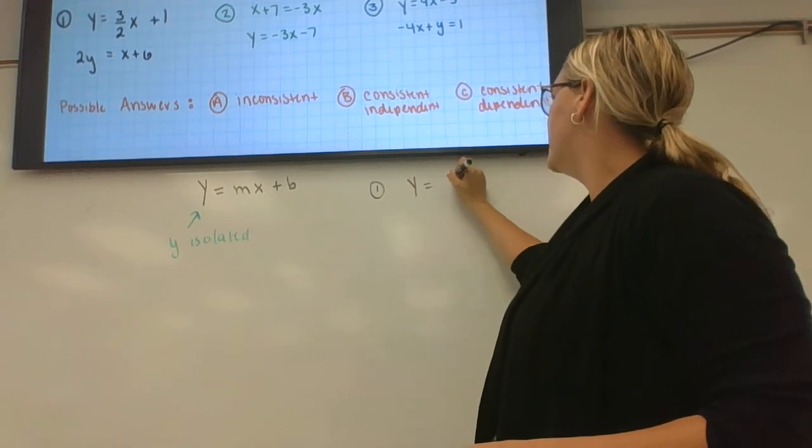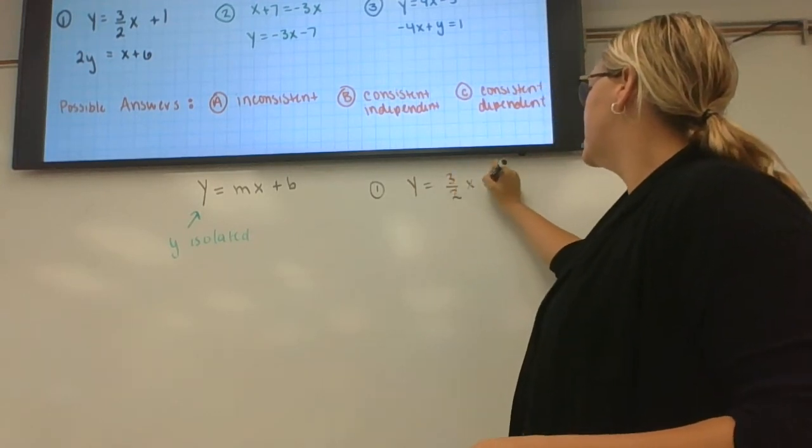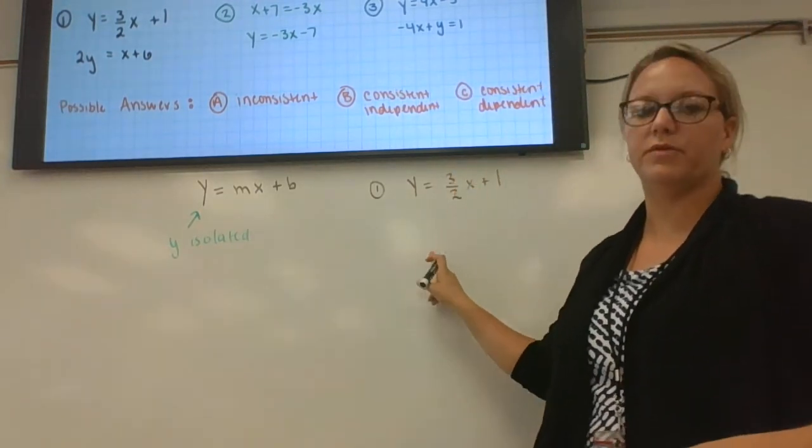Okay, I can go ahead and graph this one. I'll start at 1 and I'll go up 3 over 2.